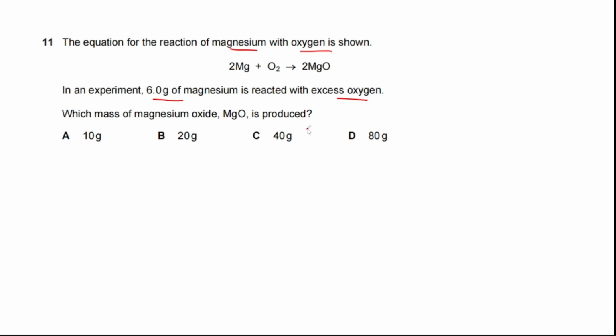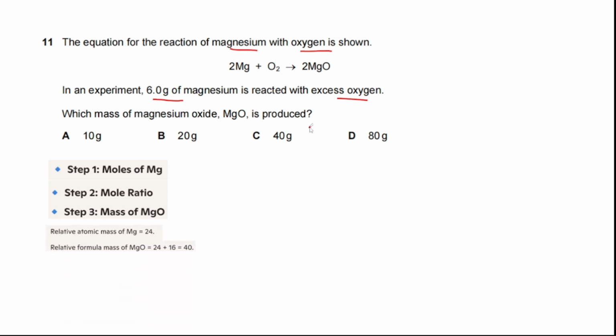For this, you can split the method into 3 steps. First you need to find the moles. Even though we have taken 6 grams, when you have a balanced chemical equation, the value that you need to compare should be the moles of each compound.